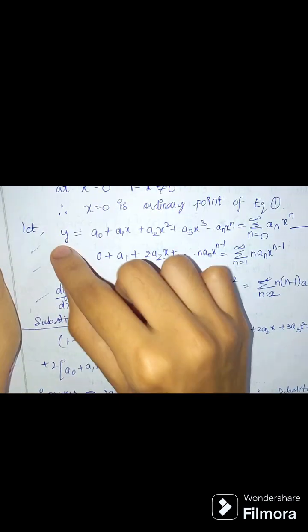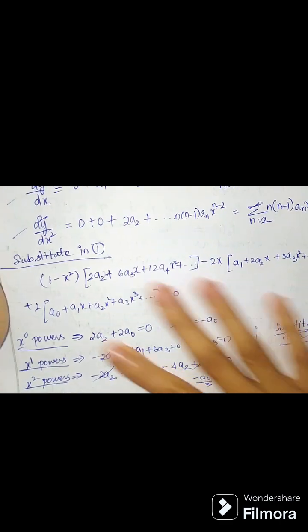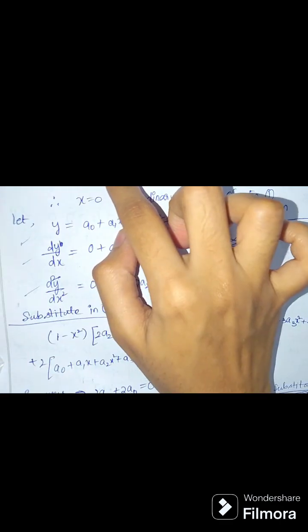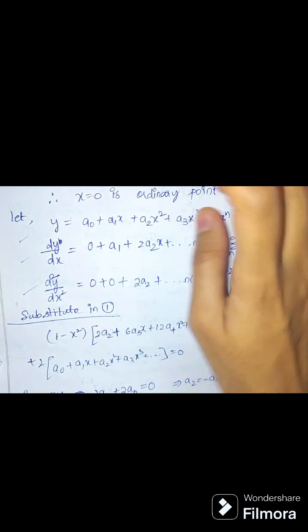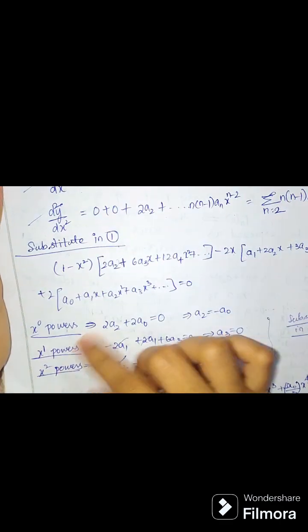Then we'll consider this equation: y is a0 plus a1x plus a2x square plus so on. Then we'll differentiate it one time, again double differentiating. Then we'll substitute these values. In our question, y double dash, y dash is there, no? There we'll substitute, y also we'll substitute. And finally what we'll do, we'll collect x power 0 terms, x power 1 terms, x power 2 terms.